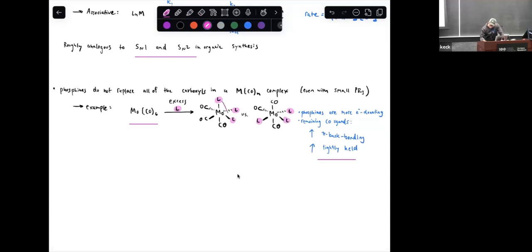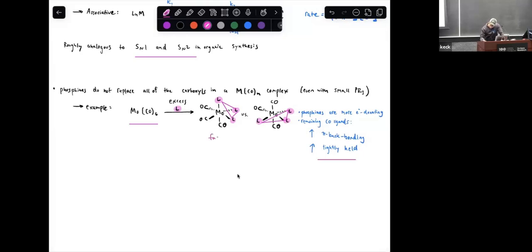If you look at these two isomers, they have a different form of isomerism than we typically encounter in the main group.